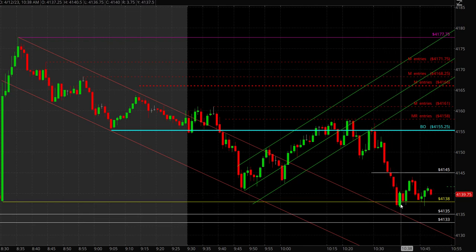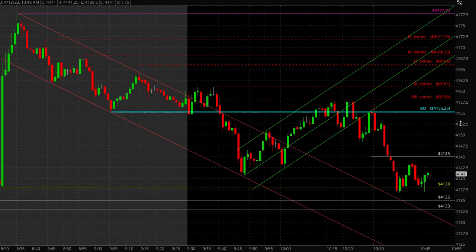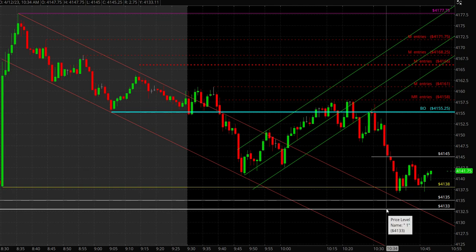I'm expecting it up and down, right? Taking 45, dancing 45, dancing 33 for a while. Chop began. All right, that's pretty much where we are at right now. But we all know that we are short from here, expecting the price to go to 33.